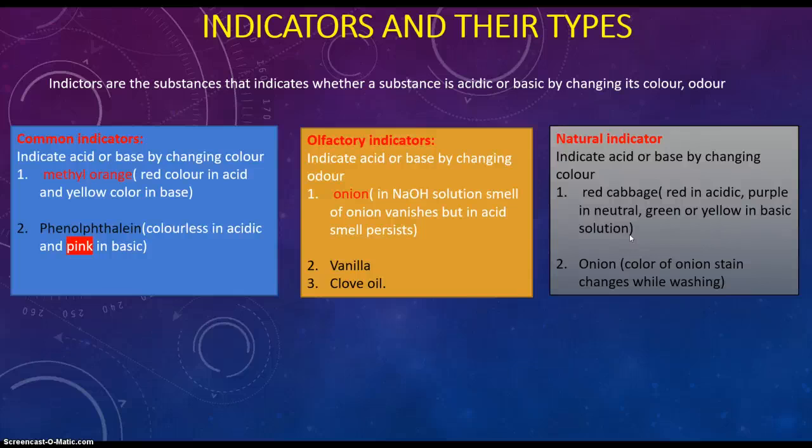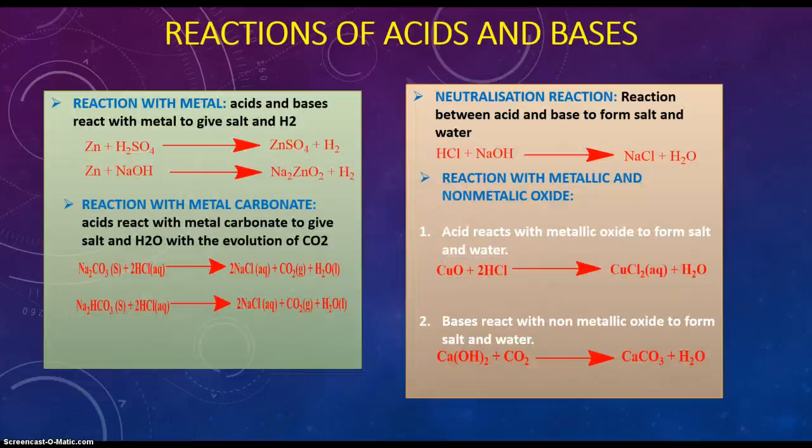Onion is a natural indicator, so it can change its color in alkali or basic solutions, because the washing powder we use to wash our clothes usually contains basic substances. In the presence of that basic substance, onion stain changes its color, and we observe that very often in our day-to-day life. So onion is also a natural indicator.